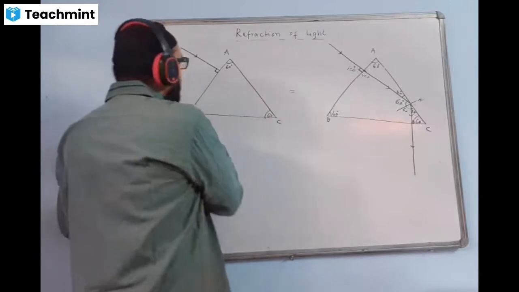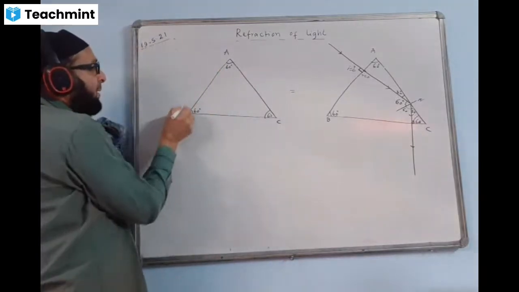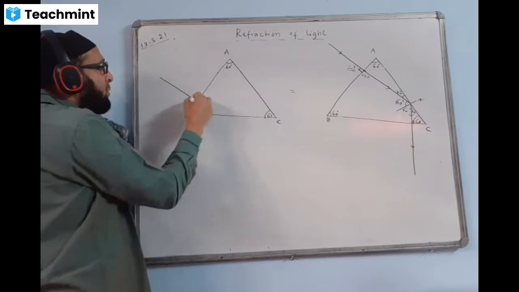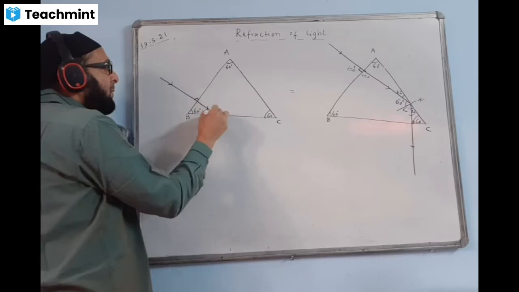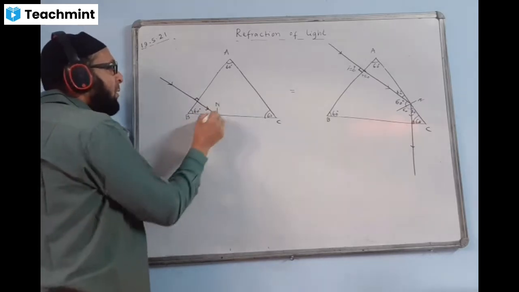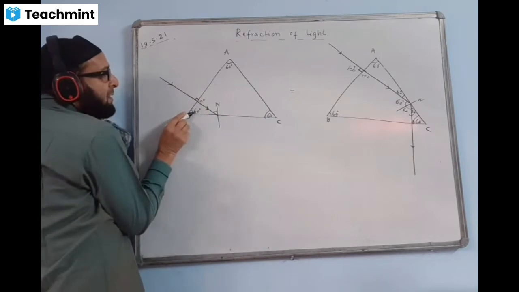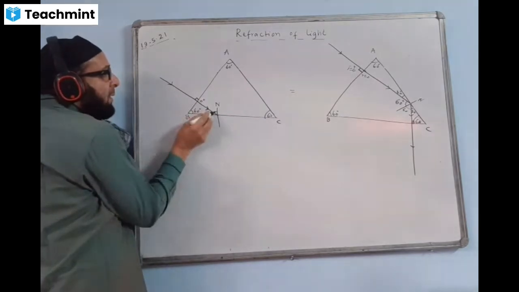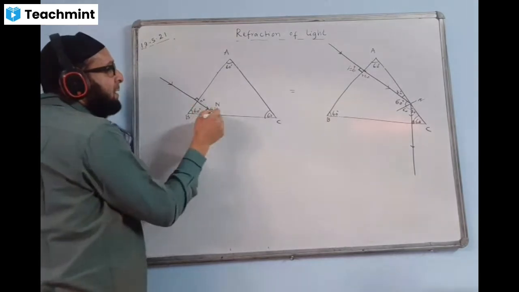Okay. By chance, if the ray is shown closer to the point B, closer to the point B, here it is shown closer out here. The same would happen. This ray will go straight first. Here, I draw the normal. This is 0 degree. This is the angle out here. 60 minus 0 will come here, 60 degree. 60 degree is more than critical angle, then TIR will take place.